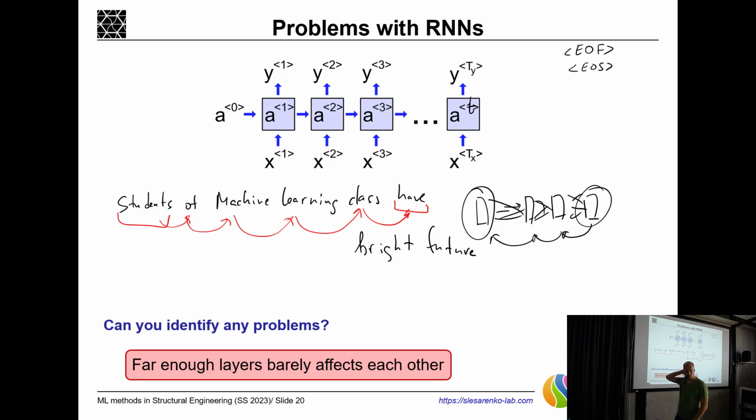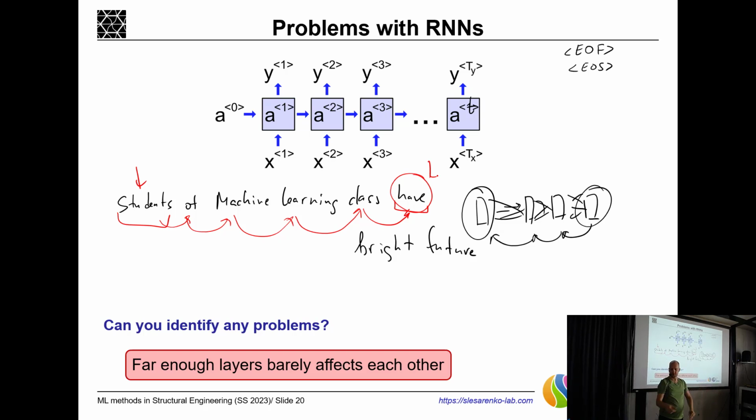How does the generation at this step know if you had plural or singular at the beginning? The problem is that it will forget about that, because in order to connect this layer to this layer, you need to pass through 5 more layers between, and therefore the effect that the initial layer has on the 6th layer will be very, very minuscule.